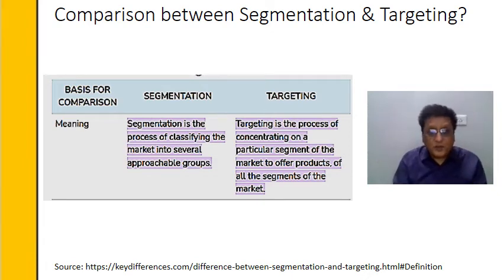It is possible, but it is not possible that you position your product first and then go searching for targeting and then segmentation. Even before marketing management became a formal field of study, the sellers at the grassroots level, at the village level, were doing segmentation, targeting and positioning in their mind.